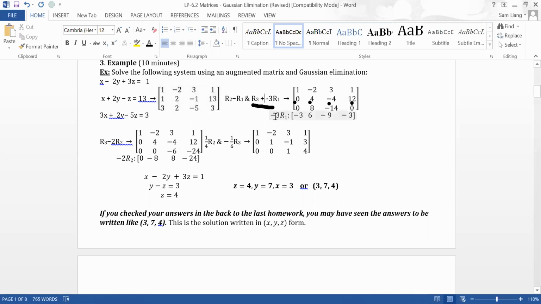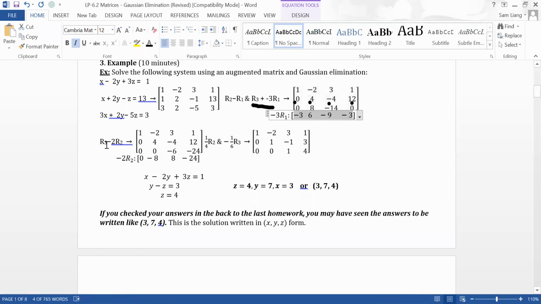We're going to add this row to it, right, negative 3R1. Okay, so 3 plus negative 3 is 0, which we have there. Then 2 plus 6 is 8. Then negative 5 plus negative 9 is negative 14. And then 3 plus negative 3 is 0. All right, that's the first two operations.